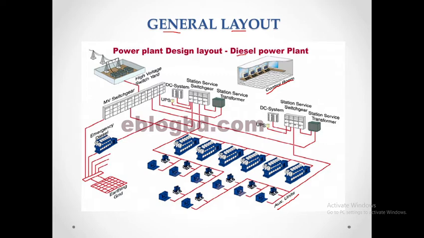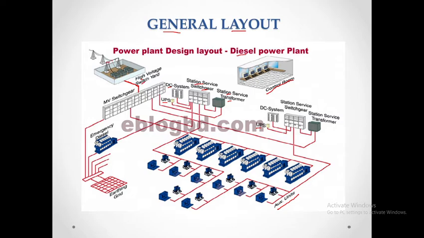Here the engine will be there. You can see the UPS system, then DC system, then station service switchgear, station service transformer. Likewise, these are the units. Whatever electricity is produced is taken here, that is the high voltage switch yard.